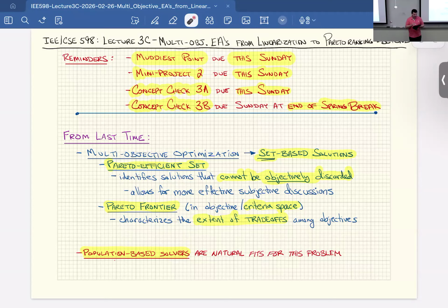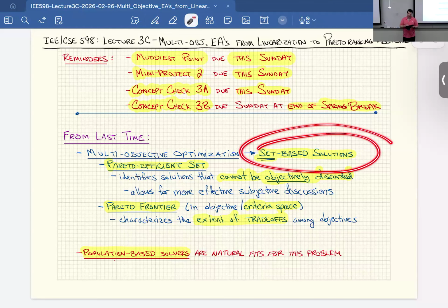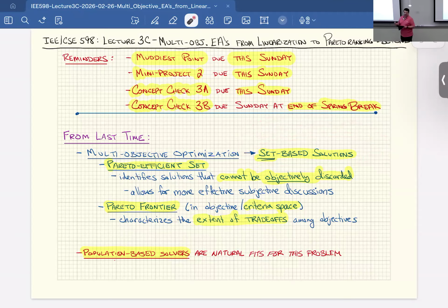So last time we introduced the set-based idea of solution approaches for multi-objective problems. The idea being that we can find a way to do as much computationally as possible before bringing in those subjective trade-off characterizations.